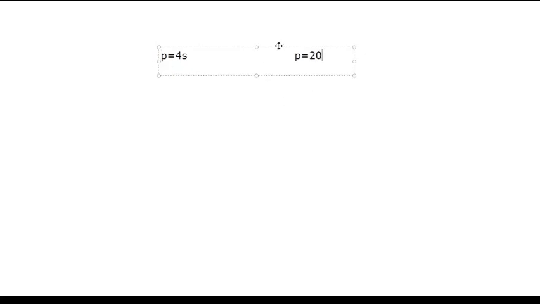So over here, p's value is 20. How will you find s? You will say p's value 20 is equal to 4s. So s is equal to 20 upon 4, which is equal to 5.